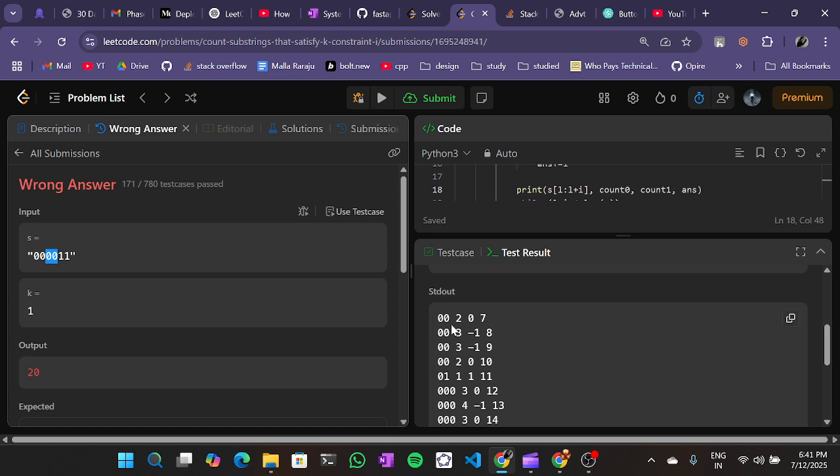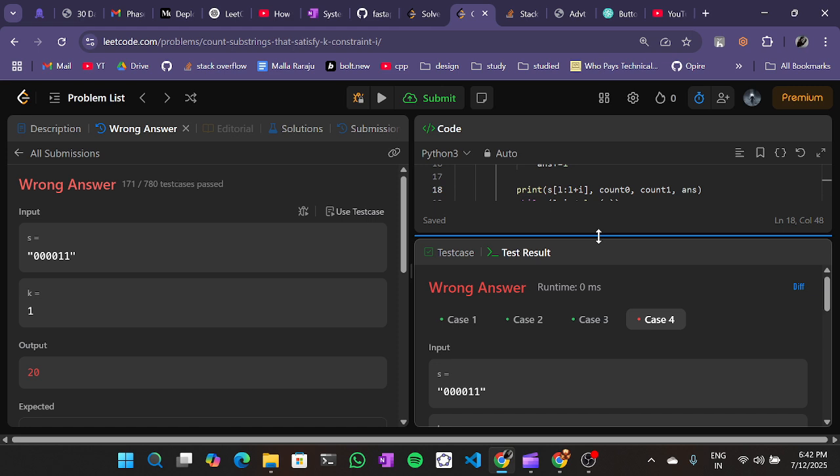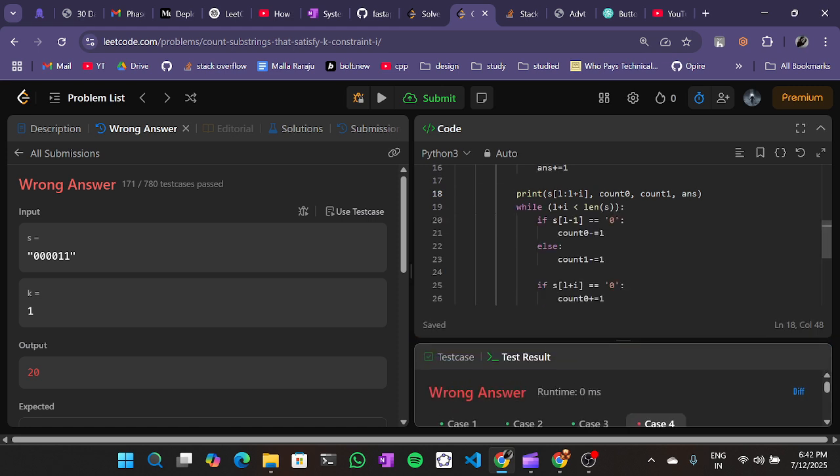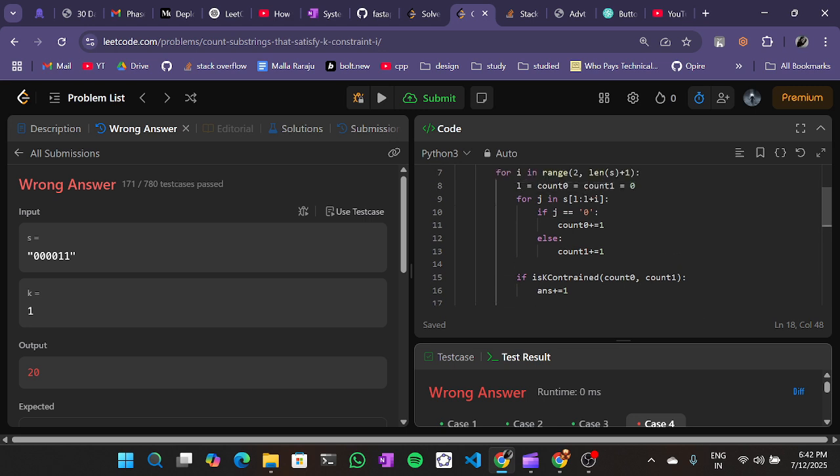We should have 3, but we are getting 4 here. And in case of 3, we should get 2, but we're getting 3 here. So what's going wrong here is the L value should be increasing.